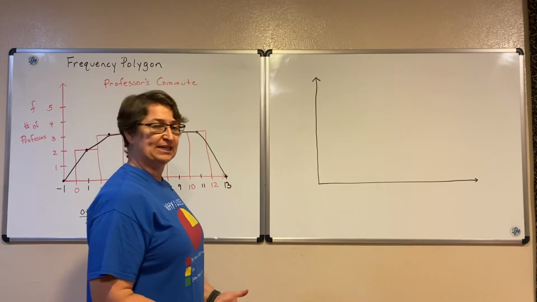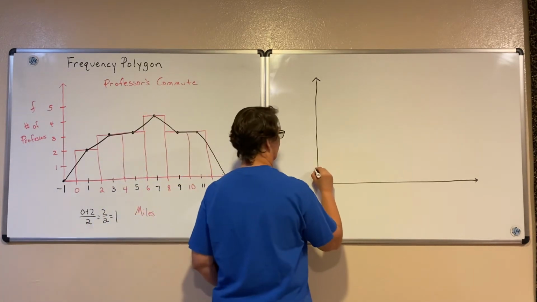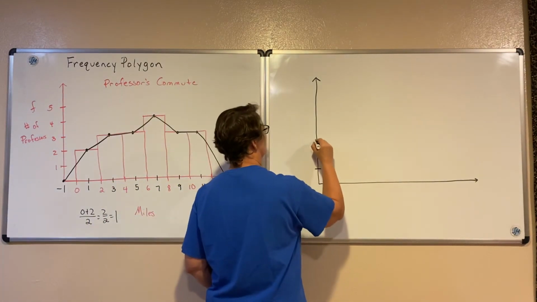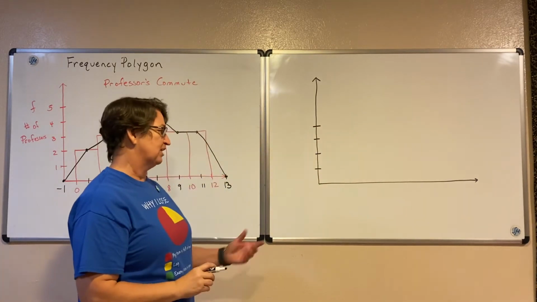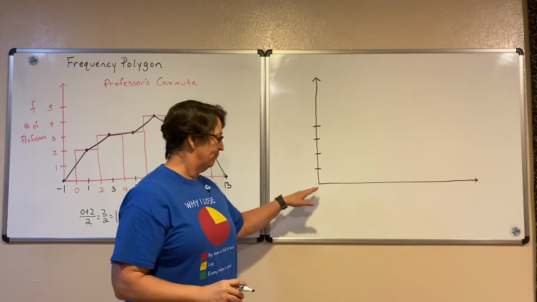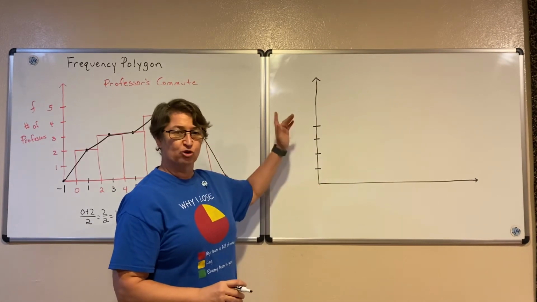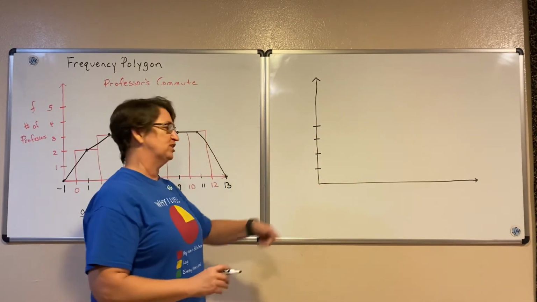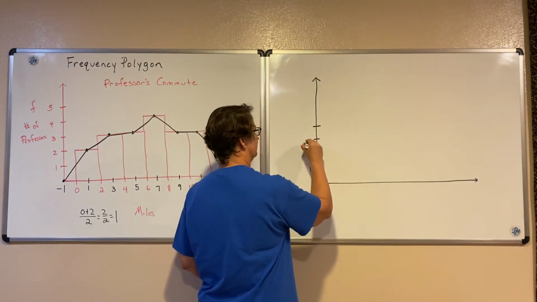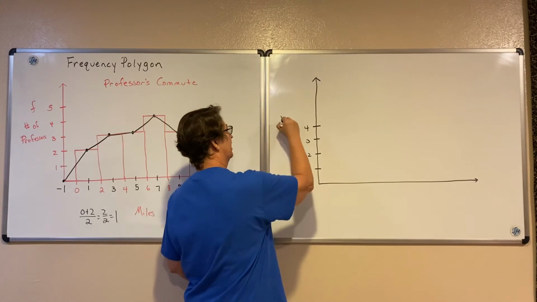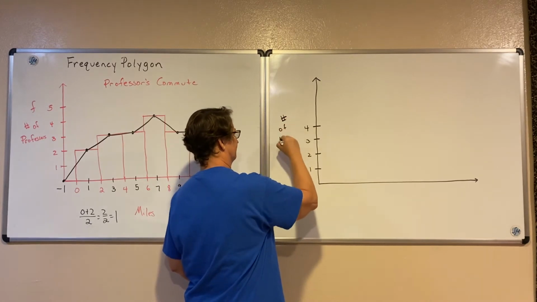Here I only need to count to 4 because the highest frequency I have is 4. Just like with our frequency table, our bar graph and our histogram, we need to make sure that our vertical axis starts at 0 every time. Then we can count by a consistent amount. I can count by 1s here.